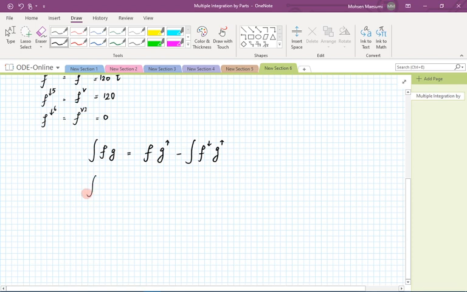So sometimes you have to do integration by parts twice. In that case, this formula becomes f g up minus f down g double up, and then the final piece is the integral of f double down g double up, and so on.